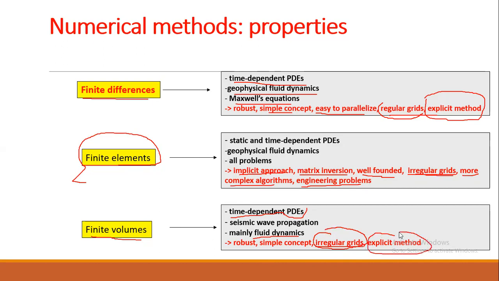So mainly there are three methods for discretization of the boundary. If the boundary shape is regular, then we easily apply finite difference. But if the boundary is irregular, then finite element is better compared to finite difference.